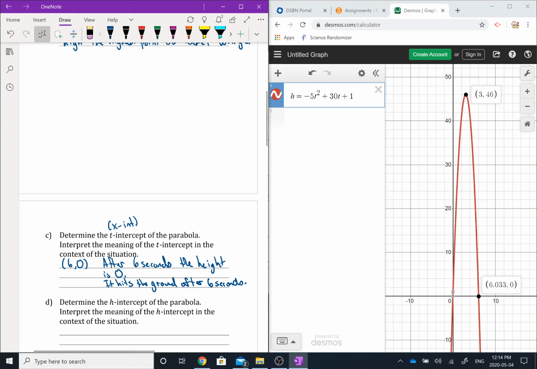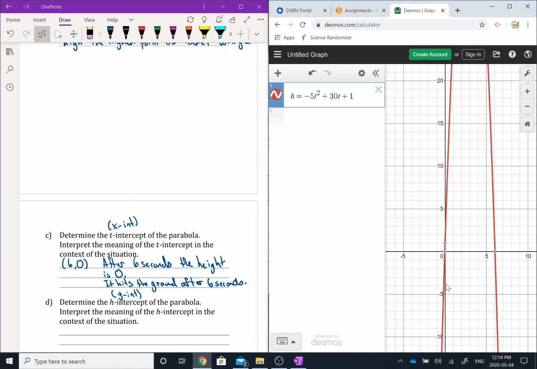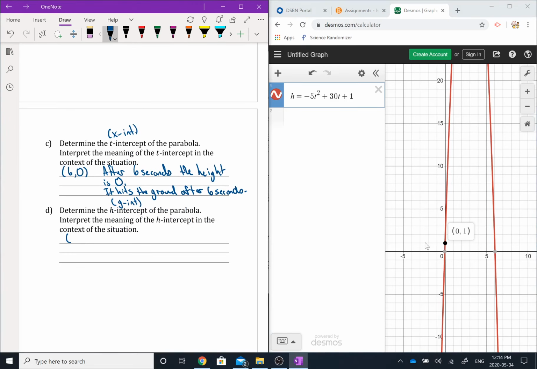Next question: we want to find the h-intercept and interpret what it means. The h-intercept in this case is just our y-intercept. We're going to zoom in a little bit to make it easier. We can see that the h-intercept is right here at (0, 1). We're just using the graph to click on it and find that.